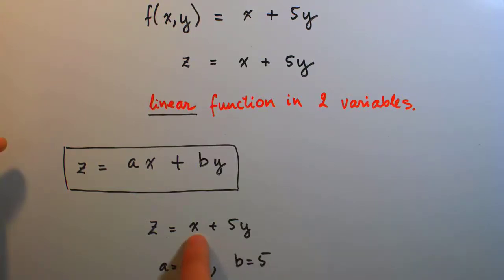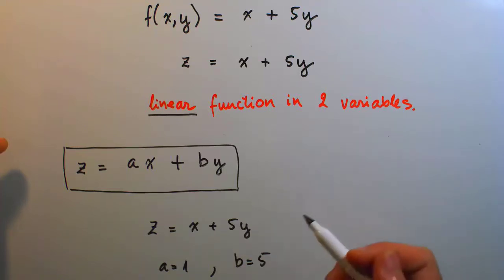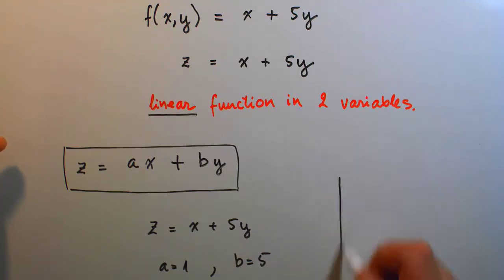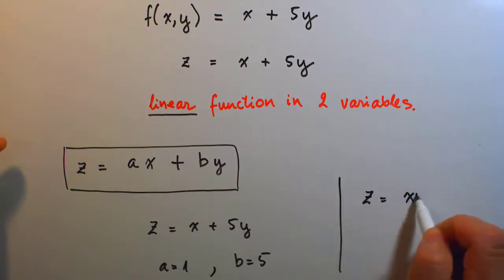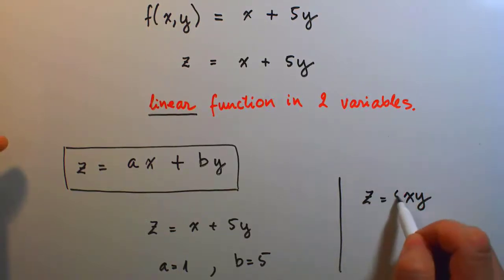And once again, each term of the variable does not have any special powers other than just power 1. And I also need to clarify, in case we have a function like this, z equals x times y, and with a coefficient.